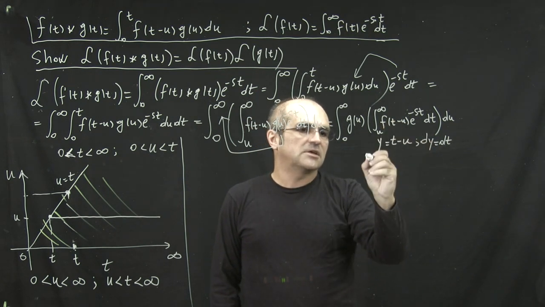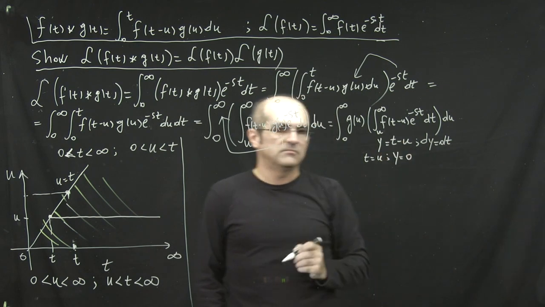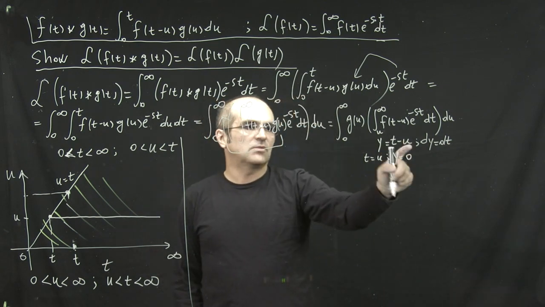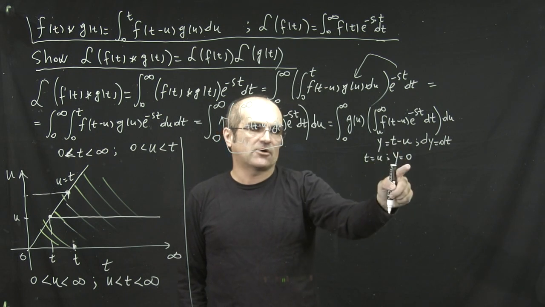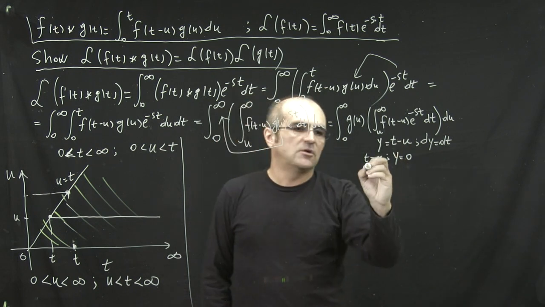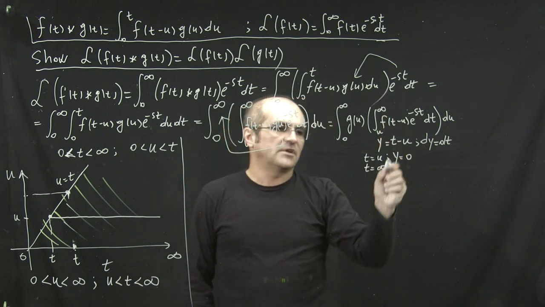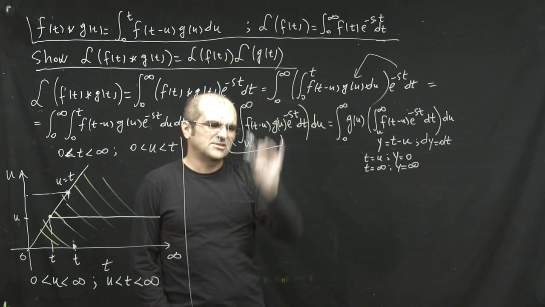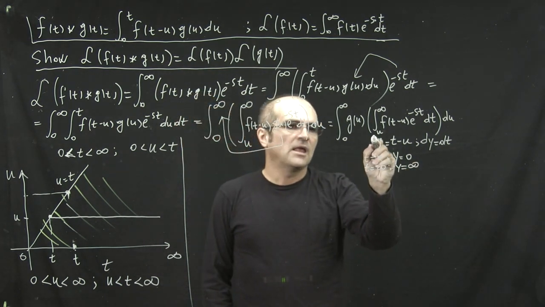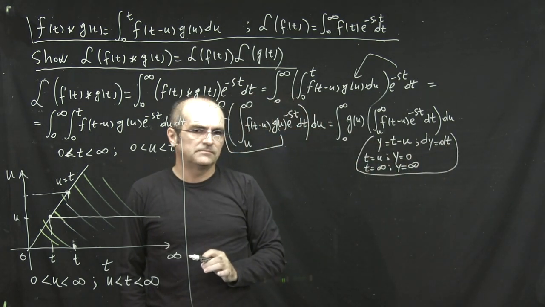Because when t is equal to u, via this substitution, y becomes 0. Replacing t with u, u minus u is 0. And of course, when t goes to infinity, infinity minus u is still infinity. So the bounds become 0 and infinity for y.